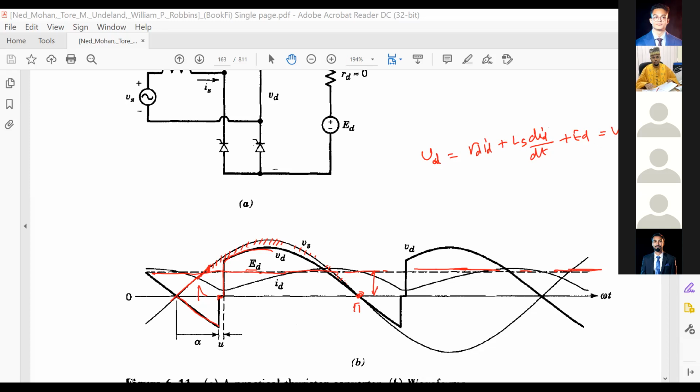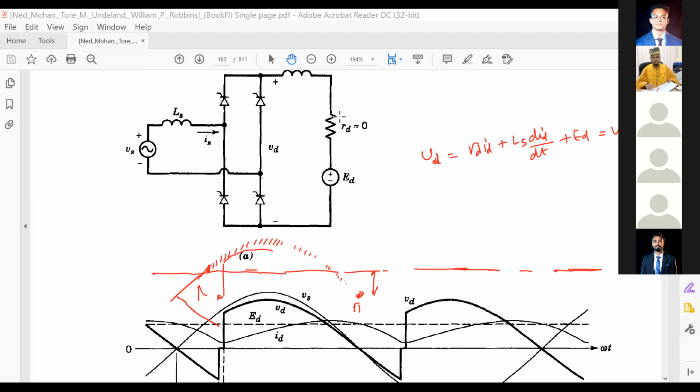Can anyone tell me why? Look here. VD should be equal to VS, right? If our current is not constant, because we don't have a highly inductive load, maybe the inductance is not that high that the current is constant.